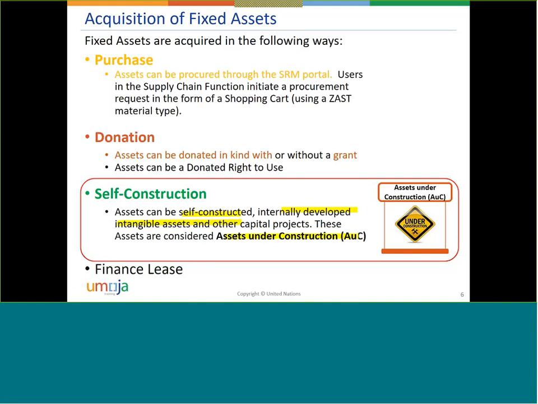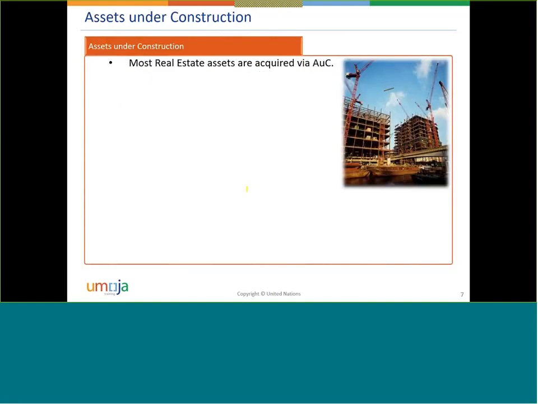While we are building those assets, we consider them assets under construction, which are fixed assets that have some particularities, like, for example, they do not depreciate until they are completed. Most real estate assets are acquired via assets under construction because they are normally constructed, and it takes more than 1 year to build them.